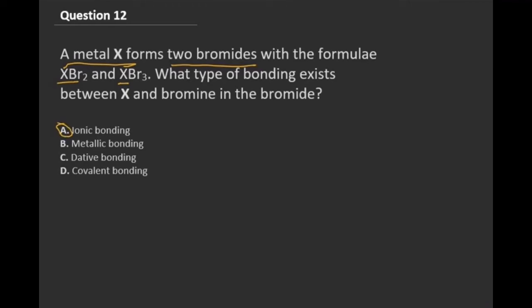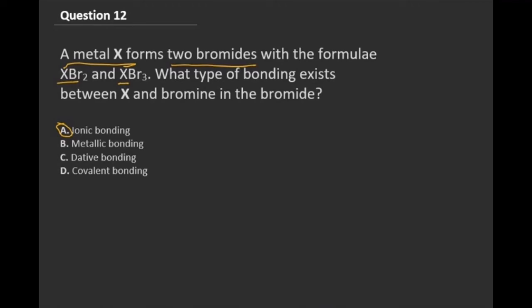So ionic bond is the rightful answer because it is a transfer of electrons from a metallic atom to a non-metallic atom to form an ionic bond or electrovalent bond.